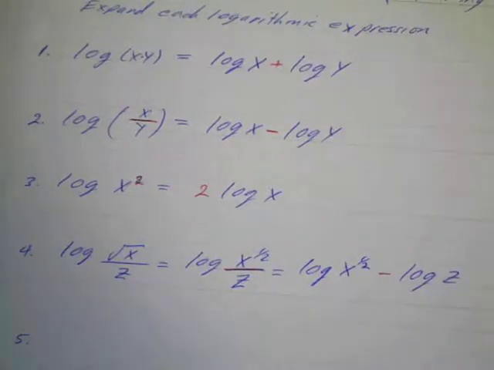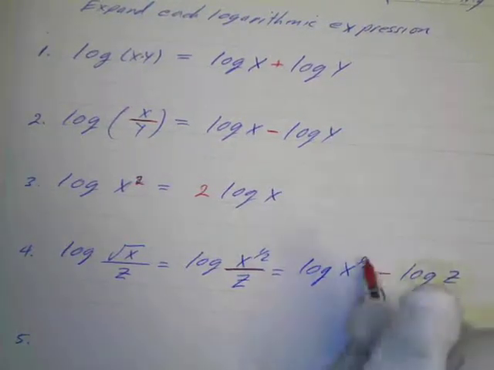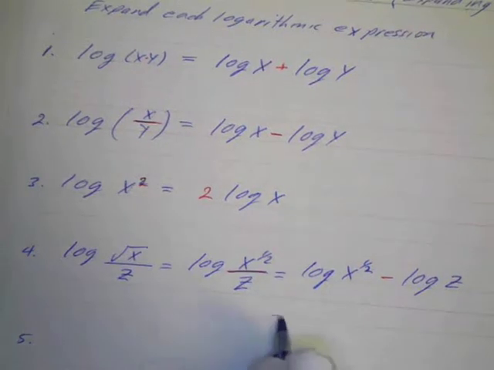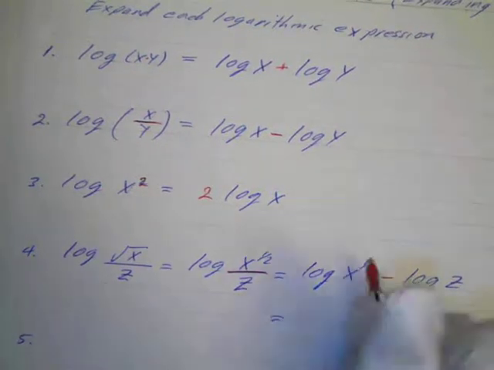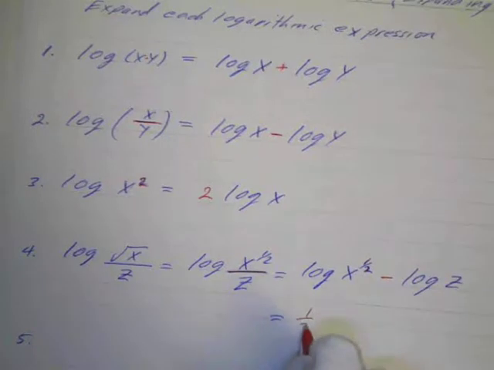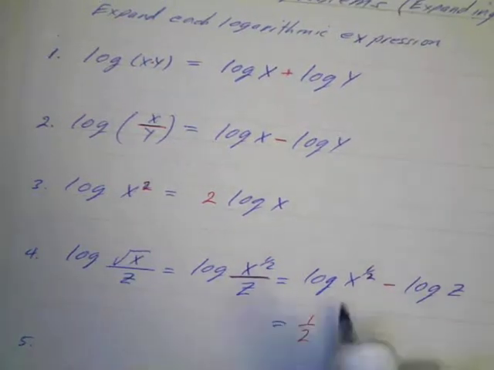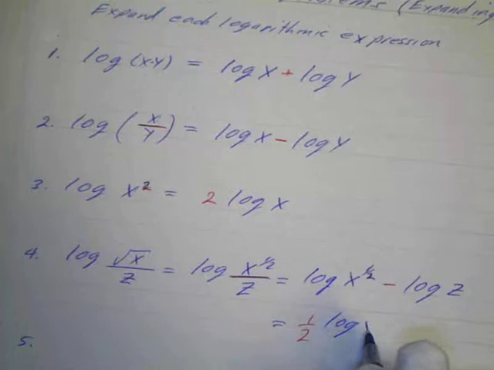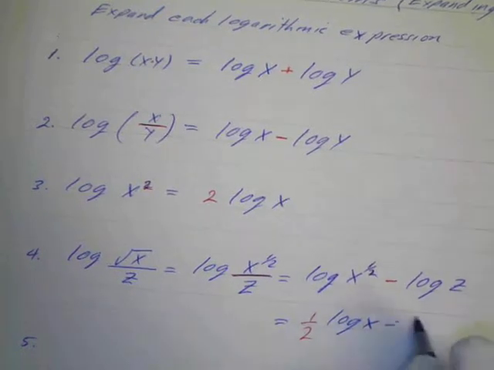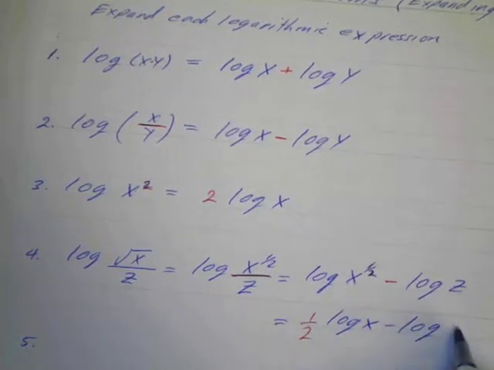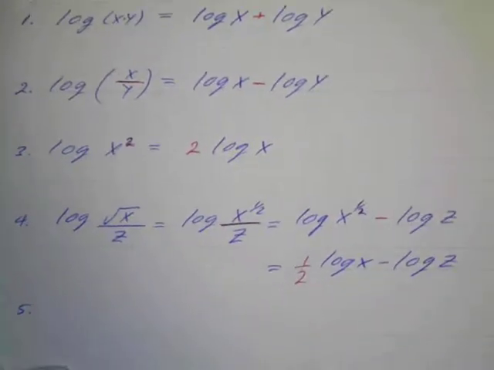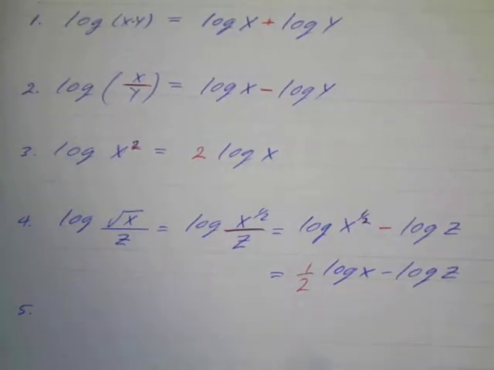Then I can apply the power rule and take this 1/2 and put it in front: 1/2 times the log of x minus the log of z. And there you go. So if you got that one correct, give yourself another point.